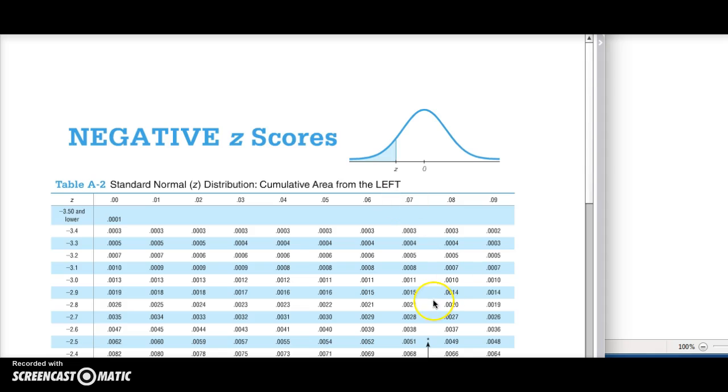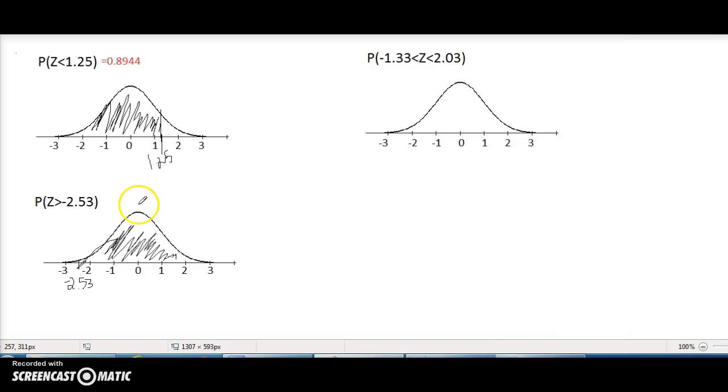So we know that the probability sums up to 1, so what we can just do is, we have 1 minus 0.0057 from the table. So this equals 0.9943.